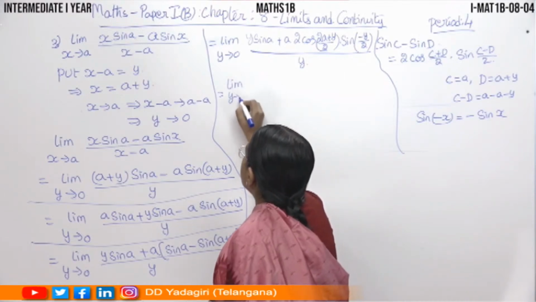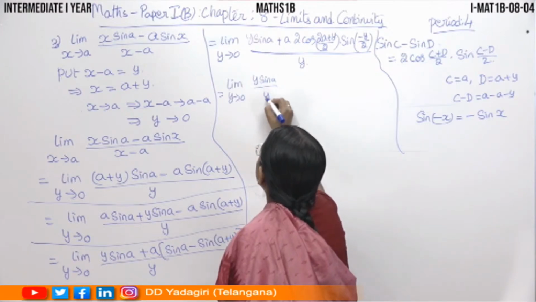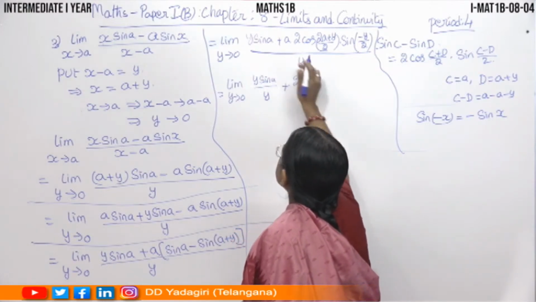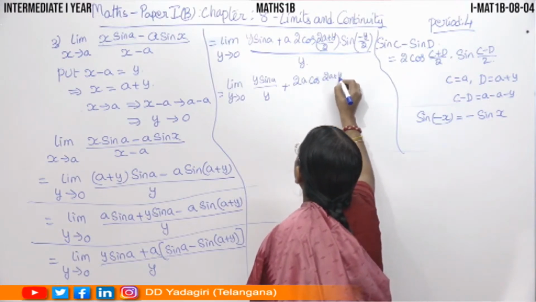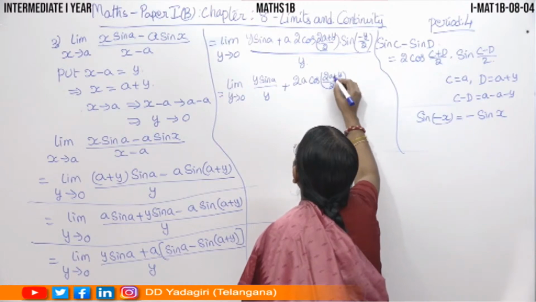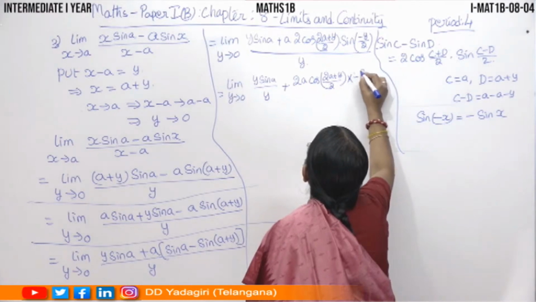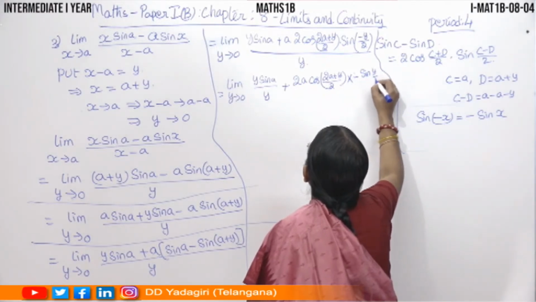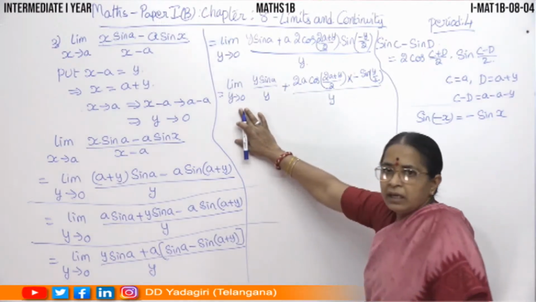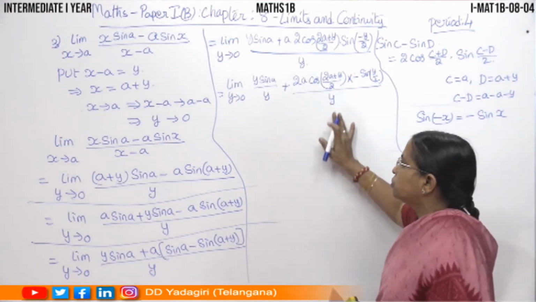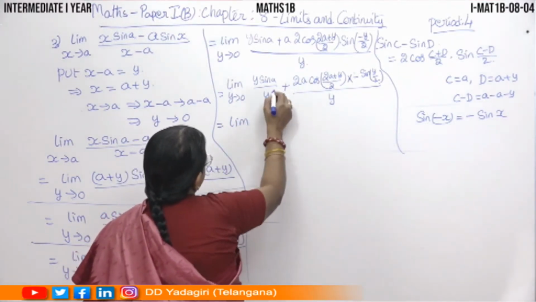So limit y tending to 0 of y sin a by y plus 2a cos((2a plus y) by 2) into minus sine y by 2, by y. Now write the limit separately for these two. The y gets cancelled here.